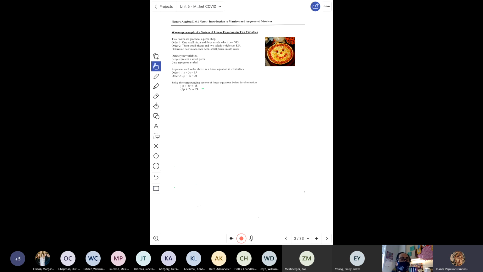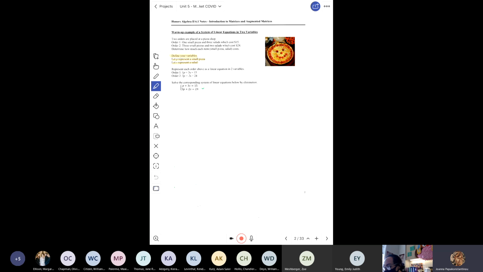You're to determine how much a pizza costs and how much a salad costs. So you have to define your variables, as I often ask you to do. I don't care what letters you choose, unless I tell you what letters to choose, it's up to you. But I'm asking you to define: let P equal the price of a small pizza, let S represent the price of a salad. How you define it is up to you.